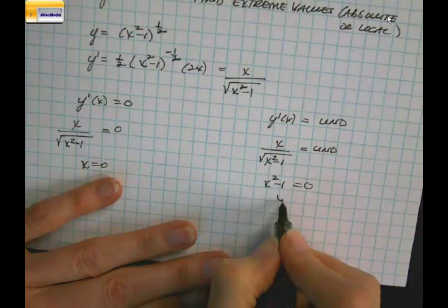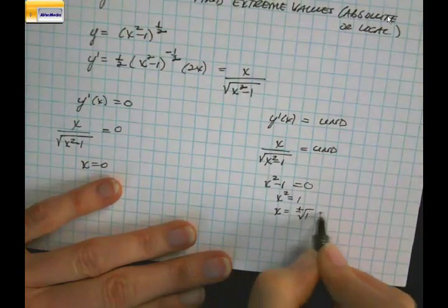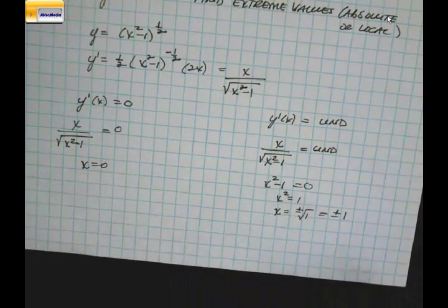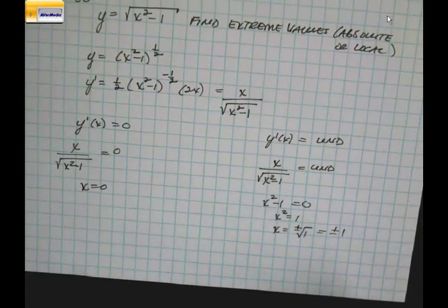So this would be x squared equaling 1, or x equaling the square root, plus or minus 1. We have no endpoints given to us on this domain. But let's stop for a minute and think about this.